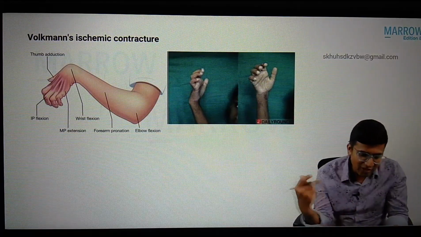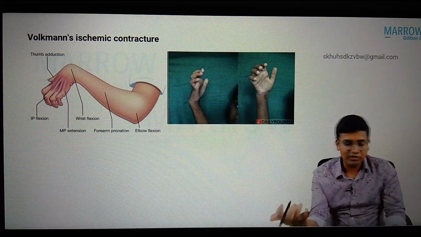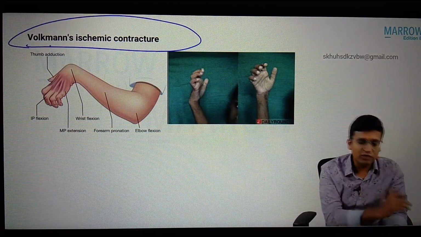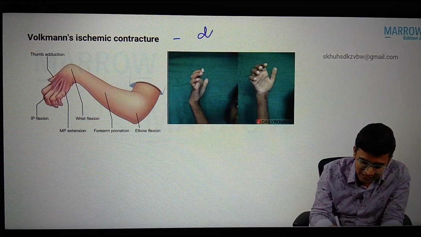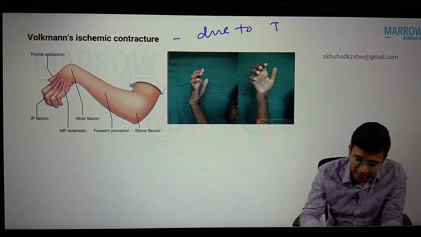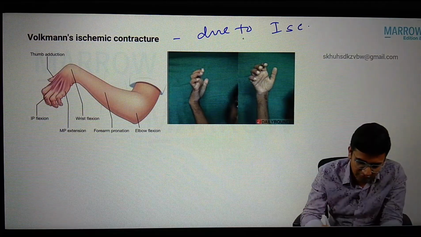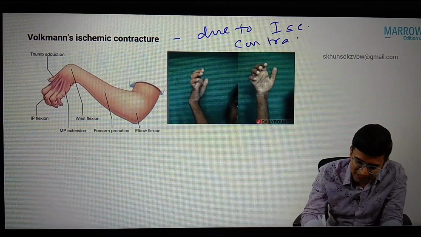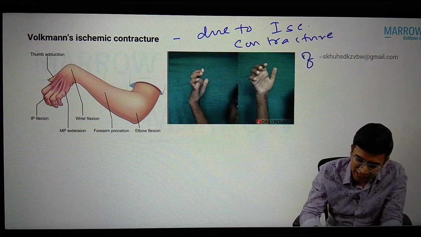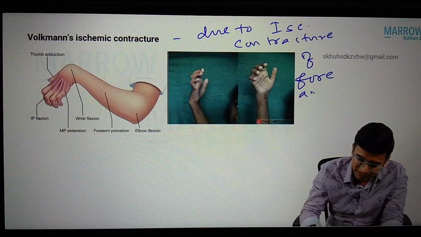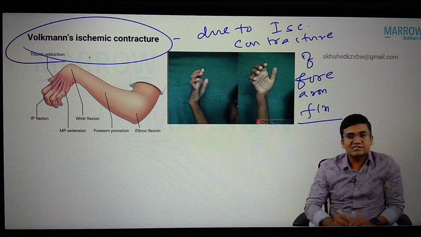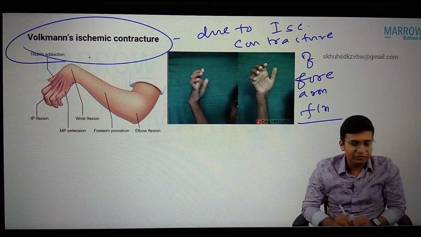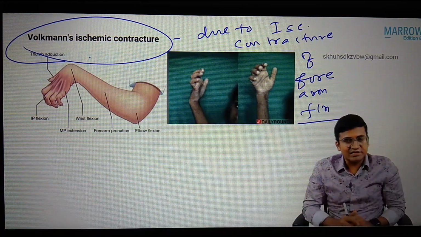So all the forearm flexors go for ischemic contracture, that is called Volkmann's ischemic contracture. It is seen in supracondylar fracture of the humerus due to brachial artery laceration.